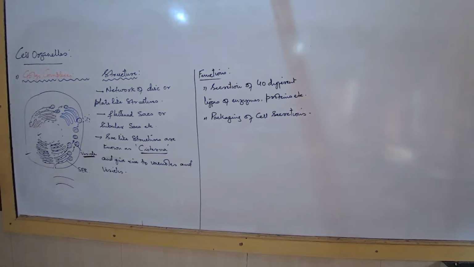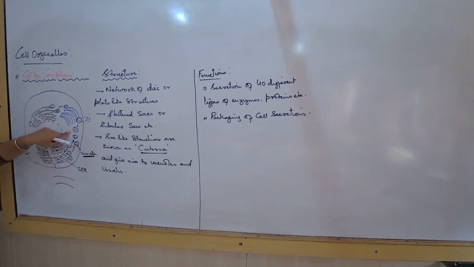Golgi basically produces its own enzymes, proteins, hormones, packages and releases them, and it also packages the secretions produced by the endoplasmic reticulum. Those are just modified; the composition will change a little bit during processing. But it produces its own also, and it helps in the packaging of cell secretions.